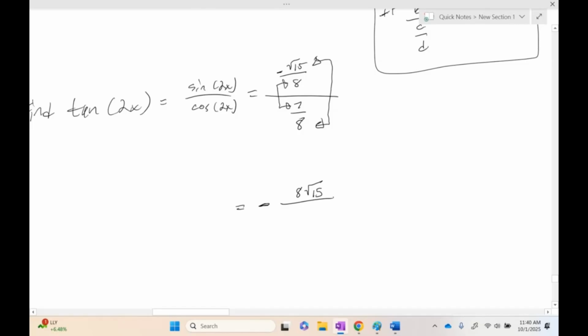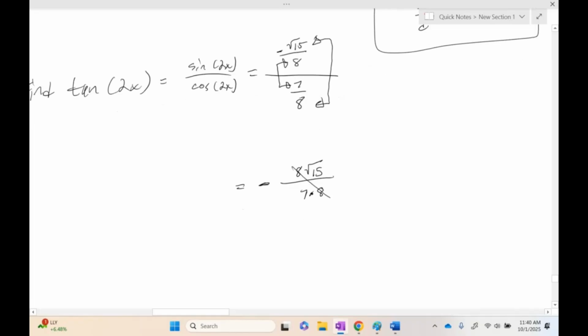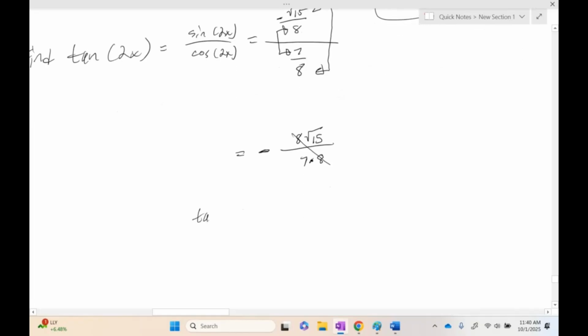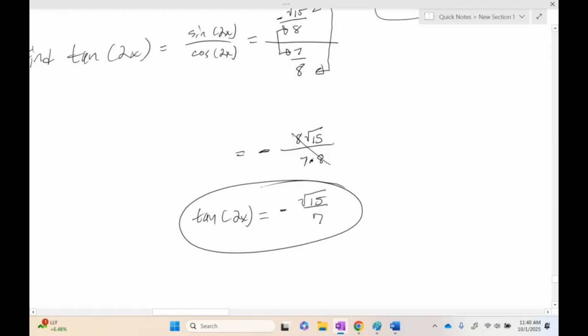I could write that out as 8 times 7 is 56, but if I write it out in factored form, I can now cancel some stuff. So I can cancel my 8s. So the double angle for tangent is negative square root of 15 over 7.